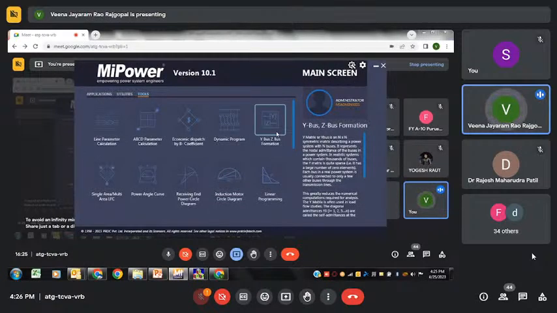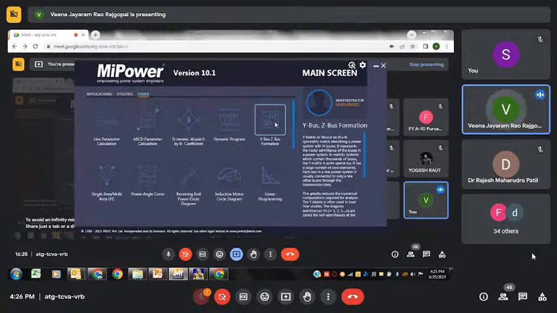See, when we are doing the analysis internally, we generate the Y bus Z bus formation, and you can view it also in the detailed print. But in some cases, these tools were basically developed for academic use, for the students. Sometimes when you have to do a load flow analysis, you don't have to go through the single line diagram and draw the network database.